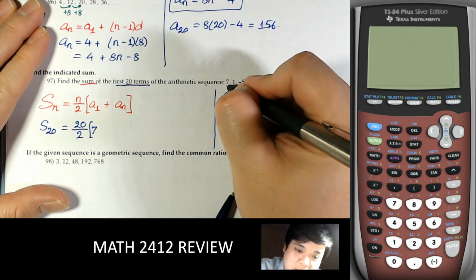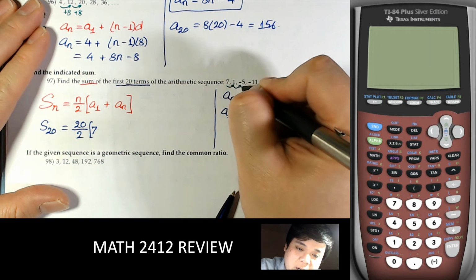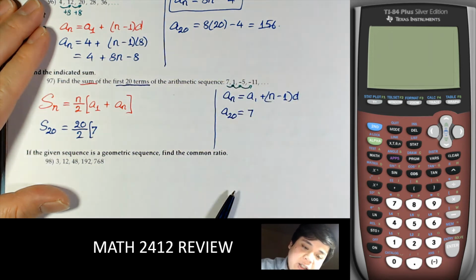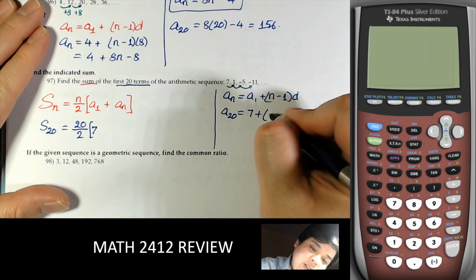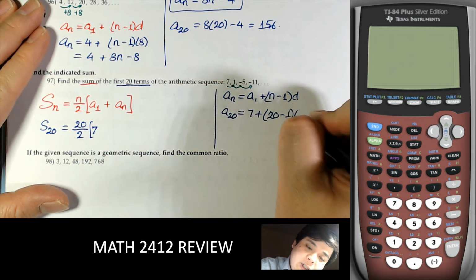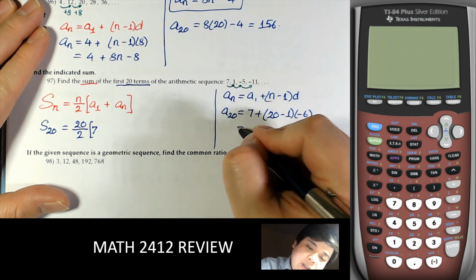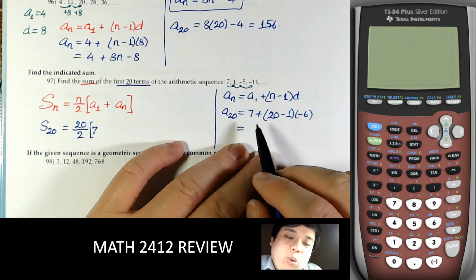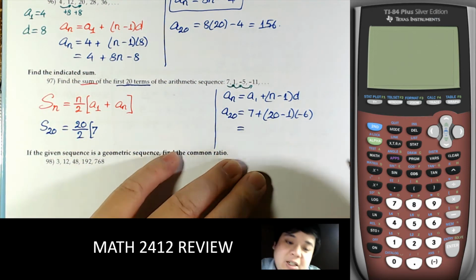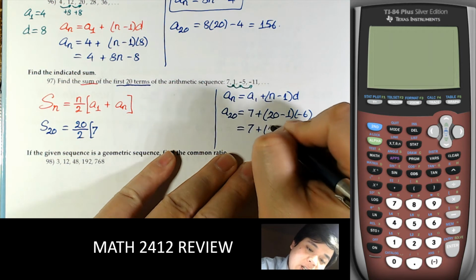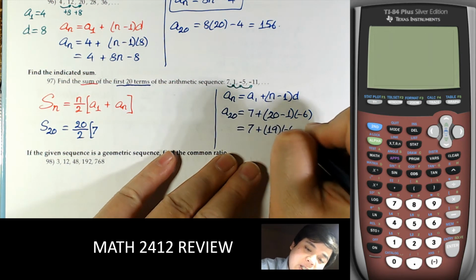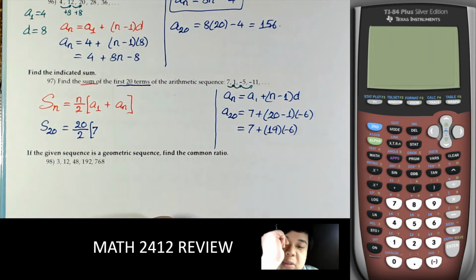To get to the next one, we're going to subtract 6, and it's 20 minus 1. So we have 7 plus 19 times negative 6. 19 times 6 is 114.